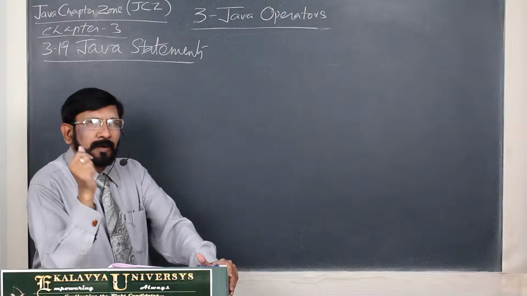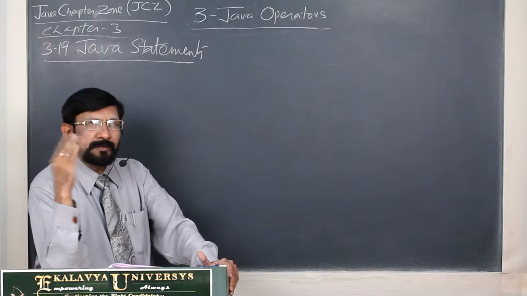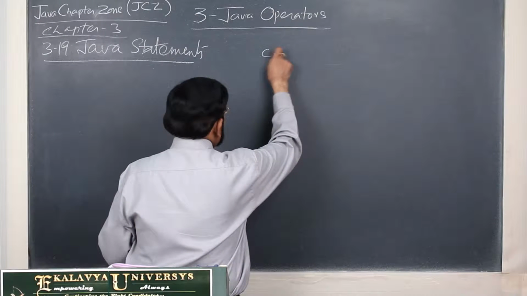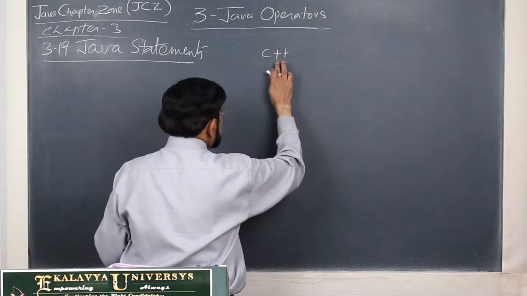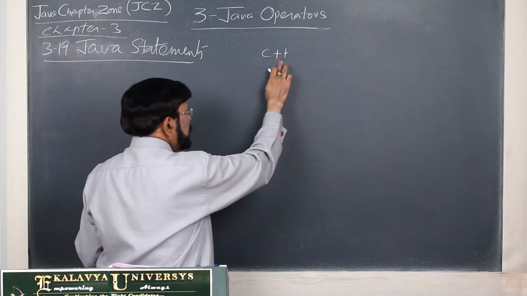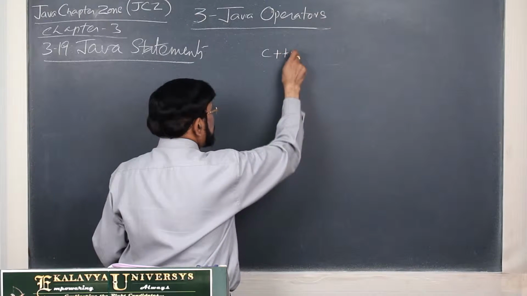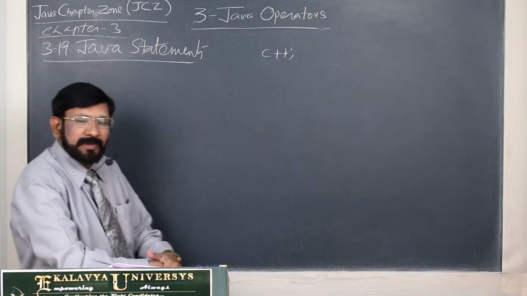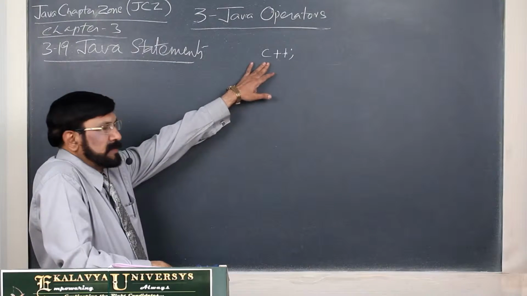Now, when an expression becomes a statement, see in C++ what you are writing. This is an expression because this is an operand, this is an operator. Whenever it is terminated by a semicolon, it is called a statement.